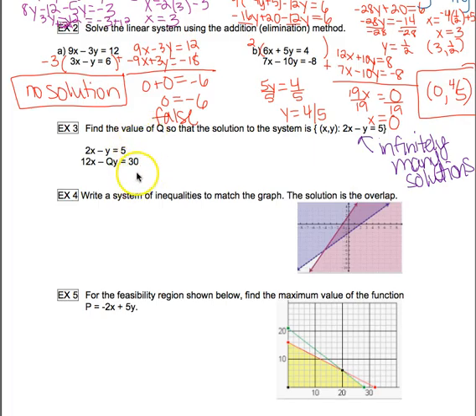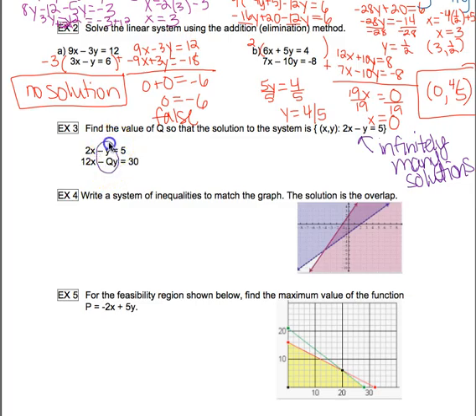This type of question, all it's asking you in this fancy notation is to find what value is going to make these equations multiples of each other, basically so that they're the same. Because if they have the same slope and the same y-intercept, then they're going to be the same line.